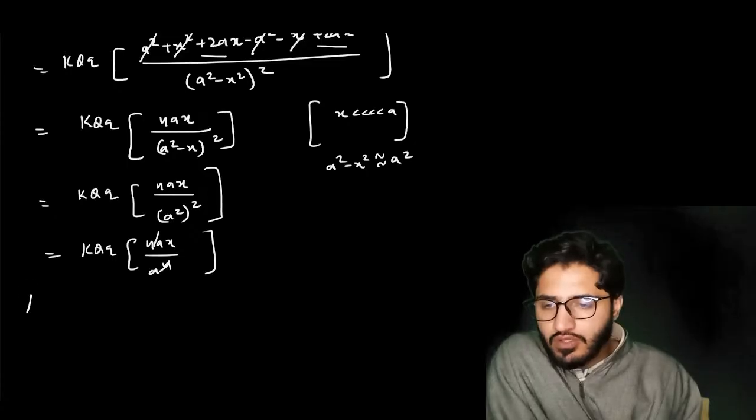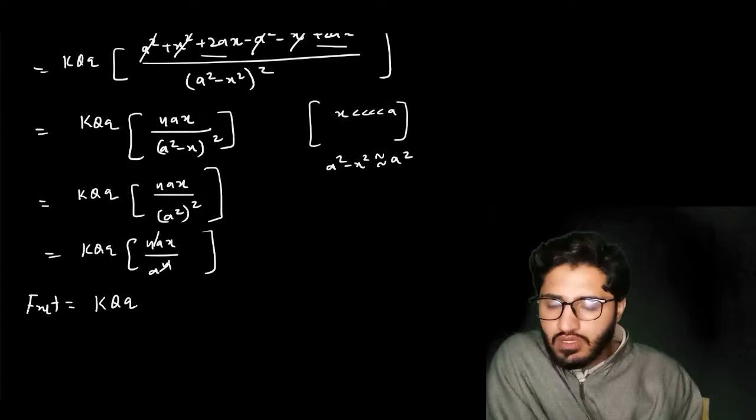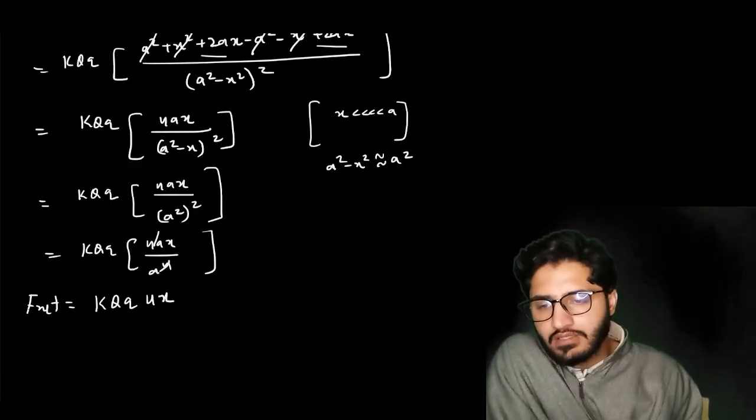One A cancels out. So my net force came out to be K Q squared times 4X whole divided by A cube.